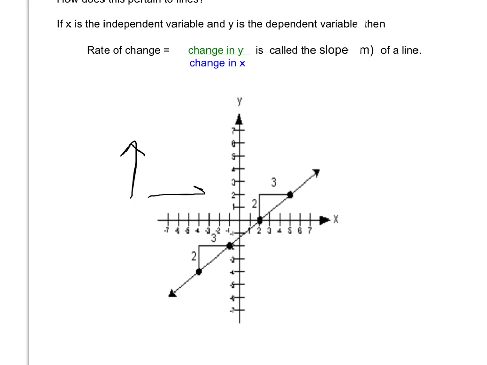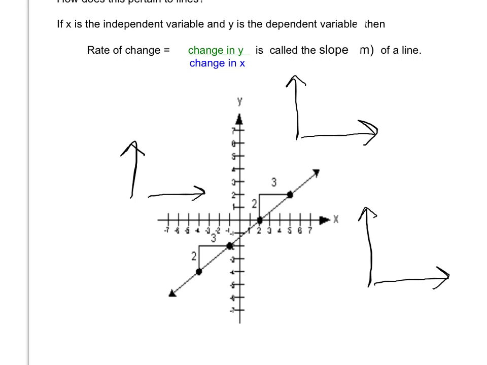Change in x is the run. So the rate of change with respect to a line is how a line rises with respect to its run, or how a line changes vertically with respect to its horizontal change.